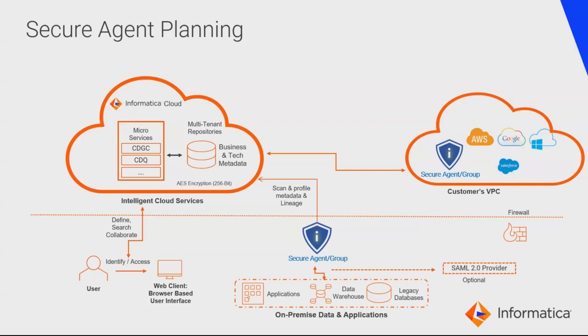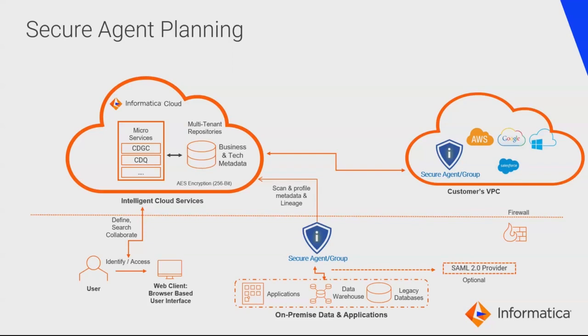So we just spoke about the Secure Agent groups. When you create a Secure Agent, it is added to its own group by default. Now, you can add multiple Secure Agents to one Secure Agent group. Please keep in mind, all Secure Agents within the group must be of the same type. For example, all agents that run within your network, or all agents that run on Amazon EC2 machines.